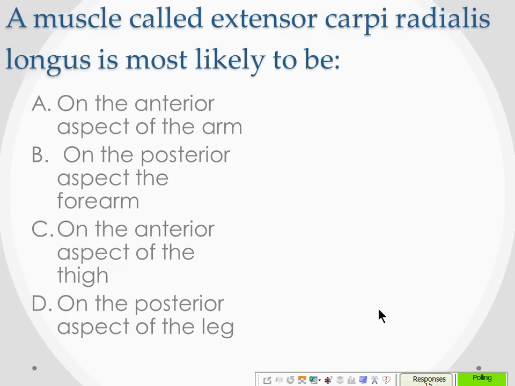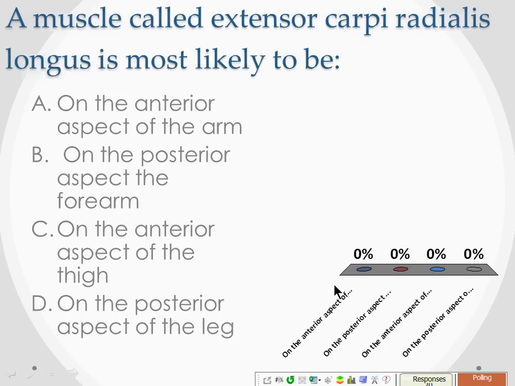There are two clues in that. Okay, very good. Yes. Carpus means wrist. Radialis is for radius, which is in the forearm. And extensor, remember all the extensor muscles in the forearm were on the posterior aspect. So this would be seen on the posterior aspect.